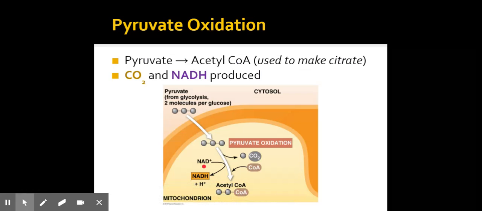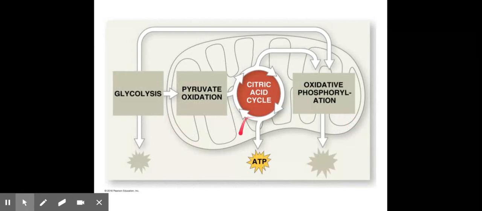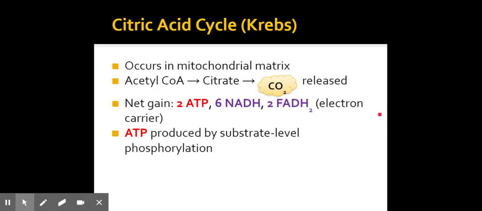It's converted into acetyl-CoA, which is also going to be used in that citric acid cycle or the Krebs cycle here. And so we'll have our net gain of 2 ATP by the very end of it. But really, our acetyl-CoA molecules get converted into this thing called citrate, which I'll show you in a moment, and carbon dioxide. And this is just kind of a repeat of what I was saying before.